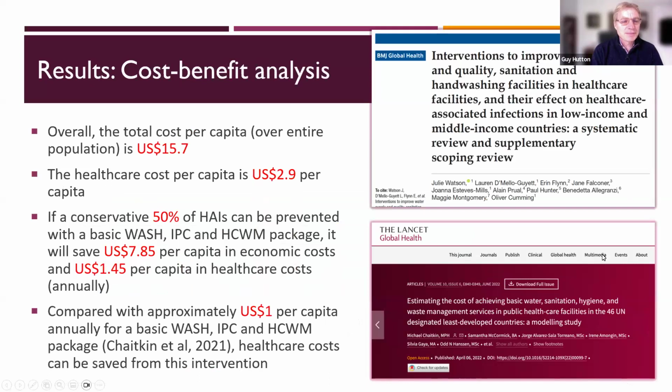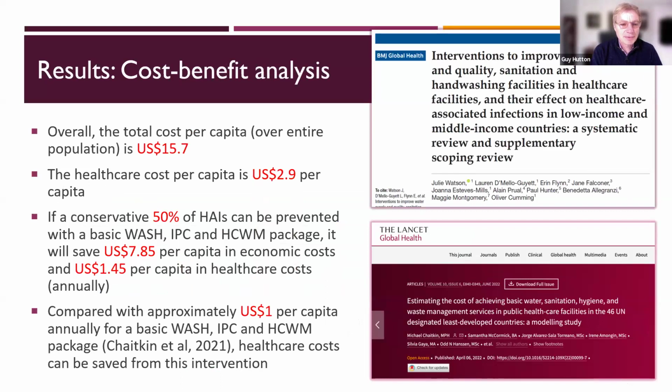So in terms of the cost benefit, the total cost per capita is $15.7. The healthcare cost is 2.9 per capita. So if we prevent half of HAIs through basic WASH, IPC, and waste management, it could save almost $8 per capita in economic costs and $1.45 in healthcare costs.